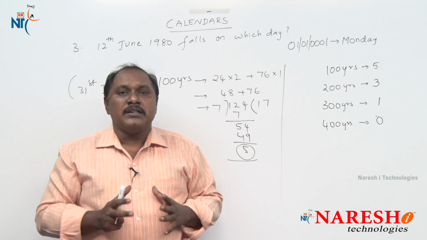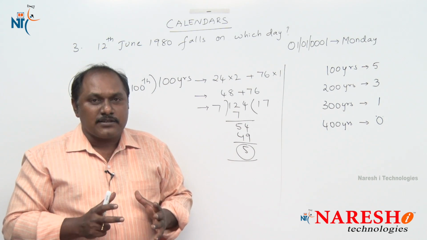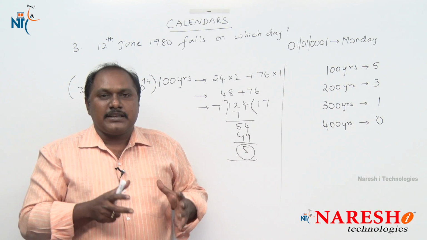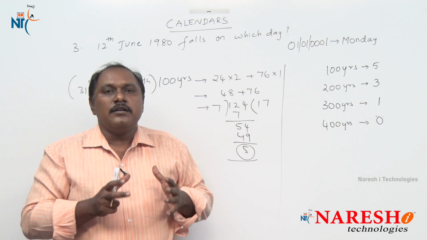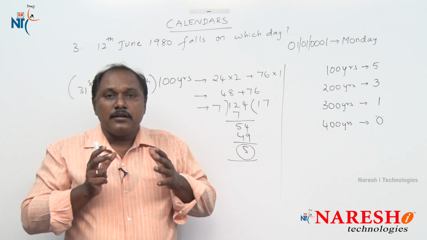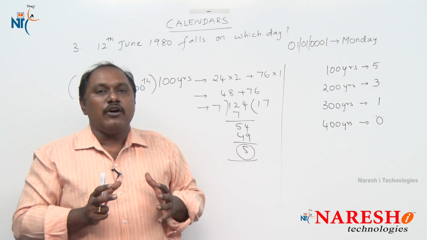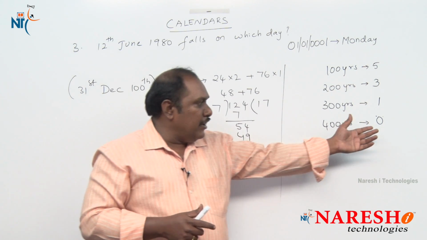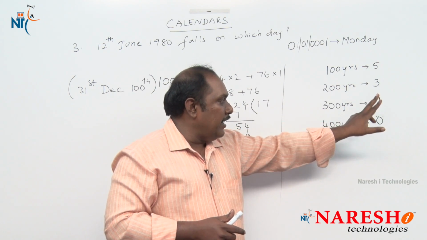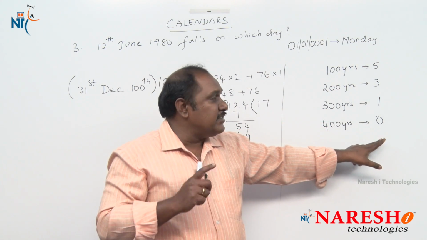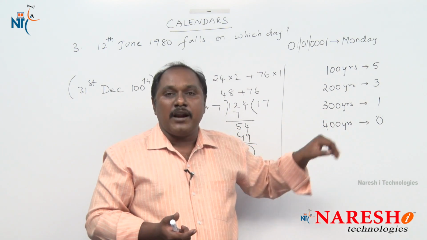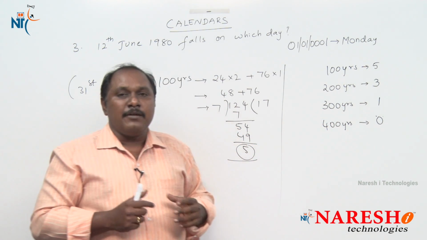Now the question that can be asked is: which of the following days can be the starting day of a century? We know that a century ends with Friday, Wednesday, Monday or Sunday. So definitely a century should begin with Saturday, Thursday, Tuesday or Monday. This is a question that can be asked.